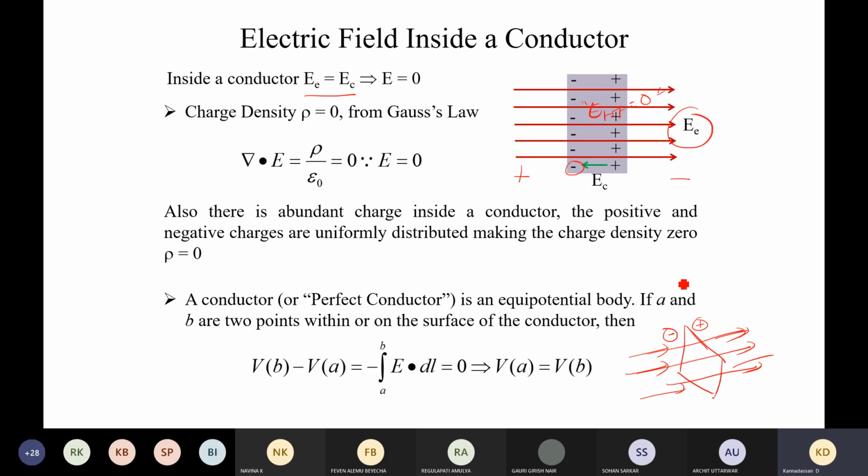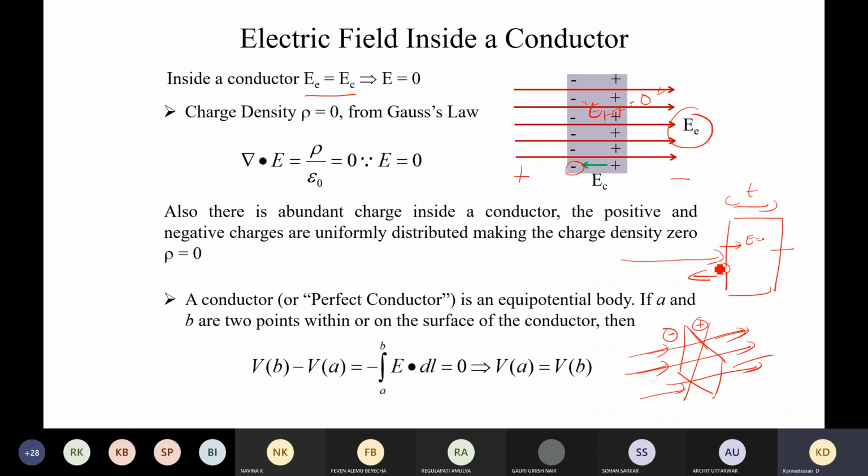Here I am taking a cross section view. This is the metal, and we have a thickness of the metal. When the electric field travels and hits it, it cannot penetrate because the electric field inside is already zero, so it is supposed to reflect back. That is the only way the law of conservation can also be obtained.